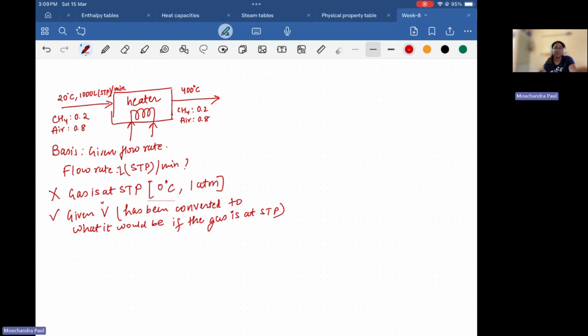So what this means is we have to convert the flow rate to actual conditions. So how will we do that? We have to use the ideal gas law.